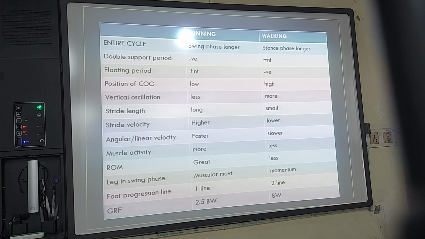So that is why it is very important when you run. I just gave you an example while we were talking about that vertical jump. As soon as the person lands, all kinds of forces act. If he lands on a flat foot, the force will be more, and the joint, the capsules, and ligaments will be more injured as compared to if he lands on the toes.